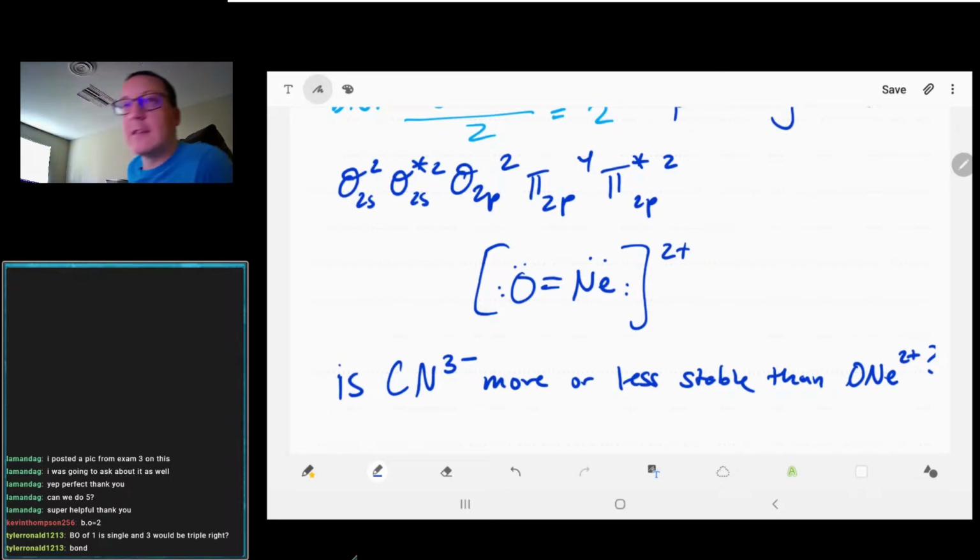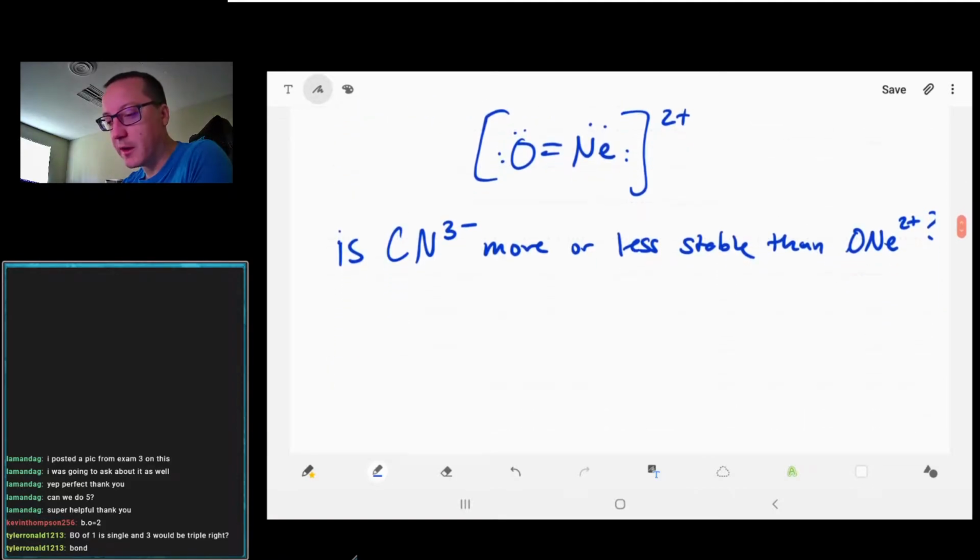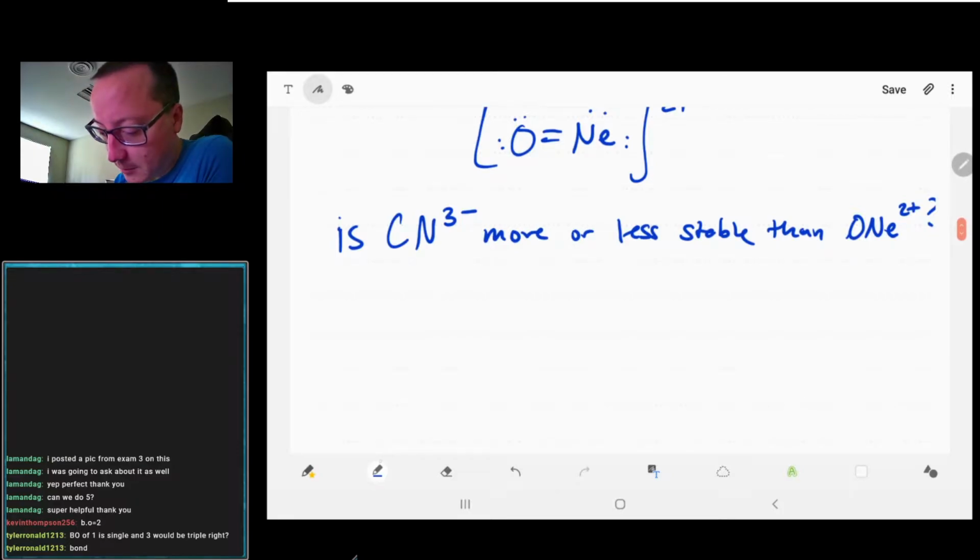All right, let's look at this one now. Yes, Tyler, absolutely. So just throwing another random crazy molecule that I hope does not ruin everything. Let's see what we'll get.